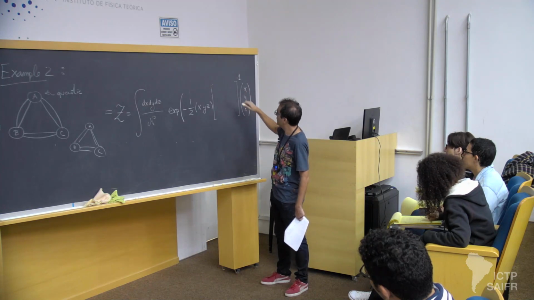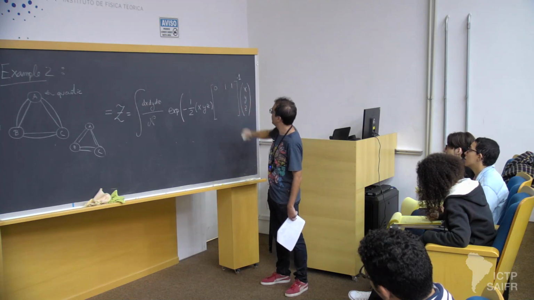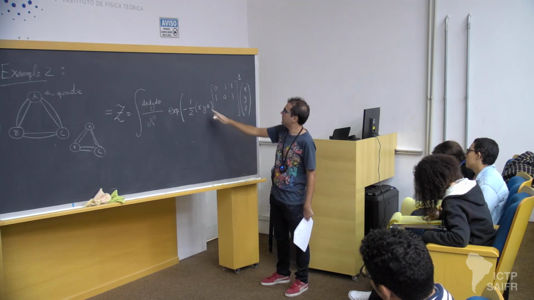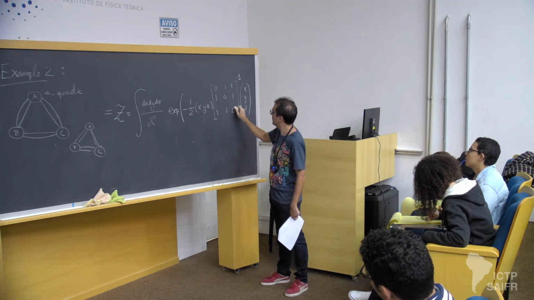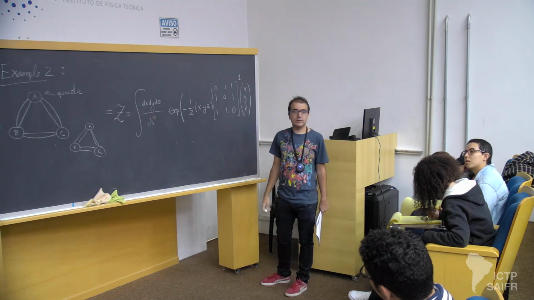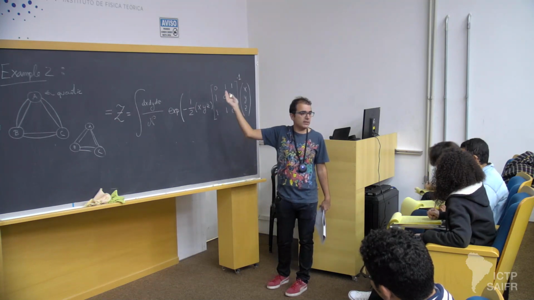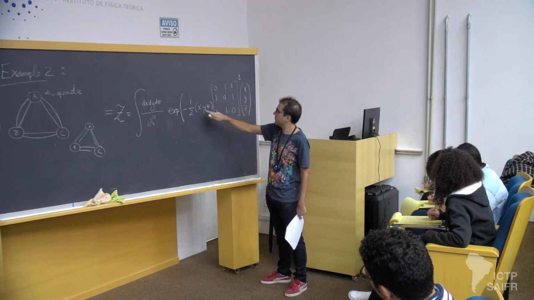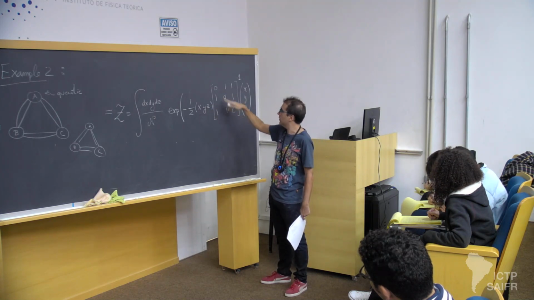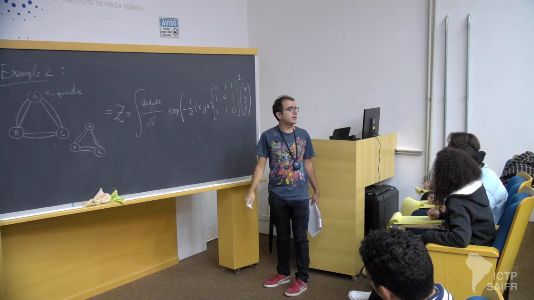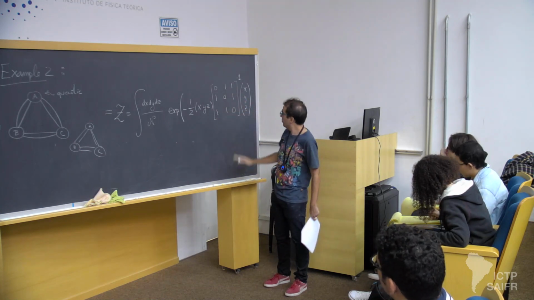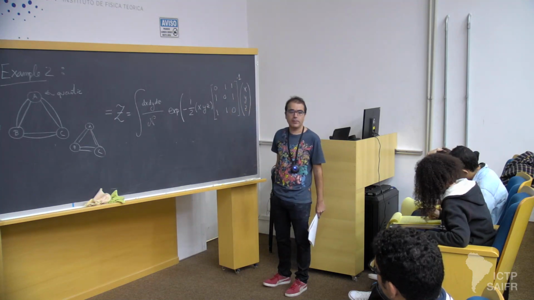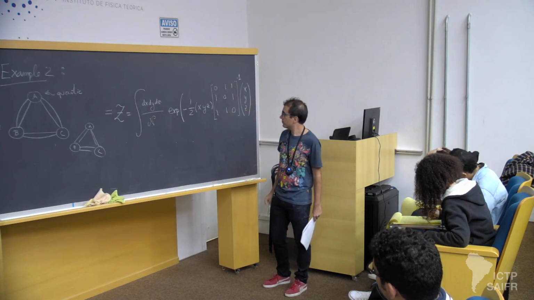X talks to y and z, so 0, 1, 1. Y talks to x and z, 1, 0, 1. And z talks to x and y, 1, 1, 0. Whatever this inverse is, this is guaranteed to give me the connections I want: that x talks to y and z, y to x and z, and so on, because this is what the elements are. So you just compute this inverse, and that's what you want to replace xy in this case.